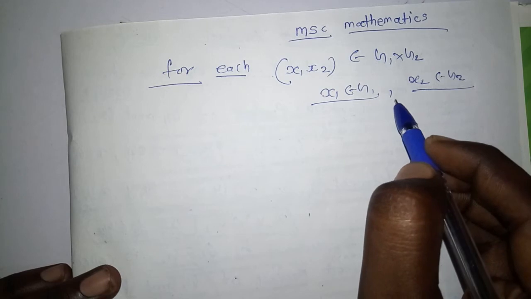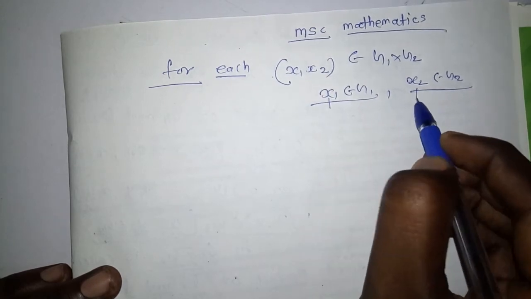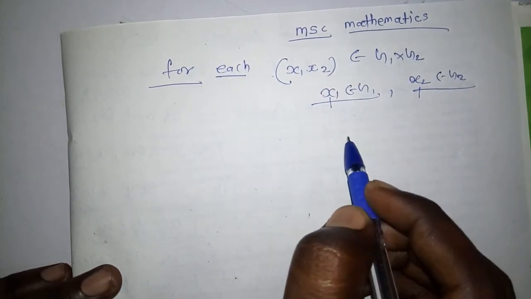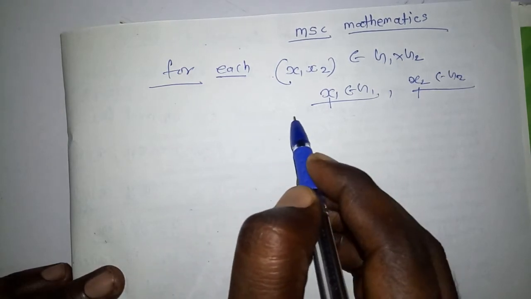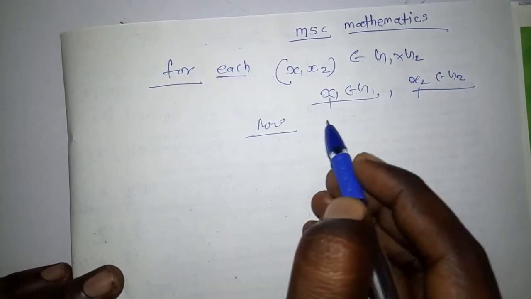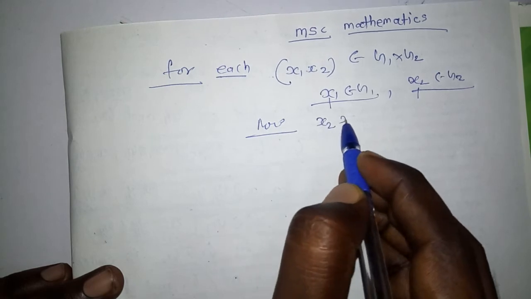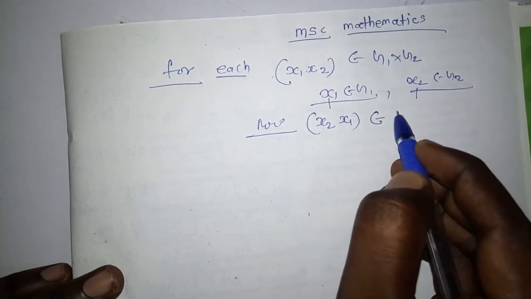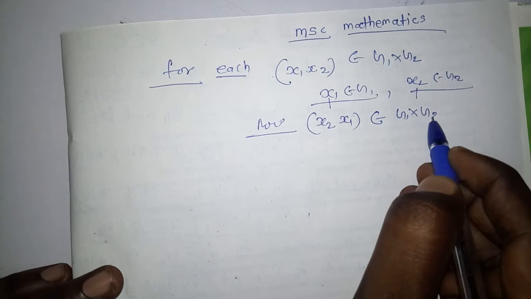Okay, now we can write that (x2, x1) also belongs to G1 multiply G2.